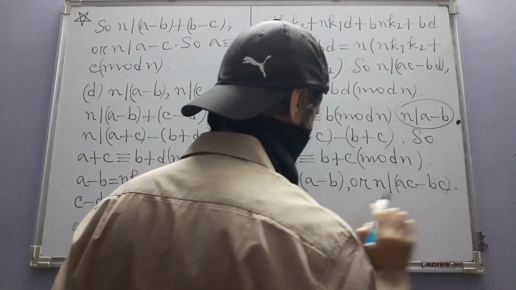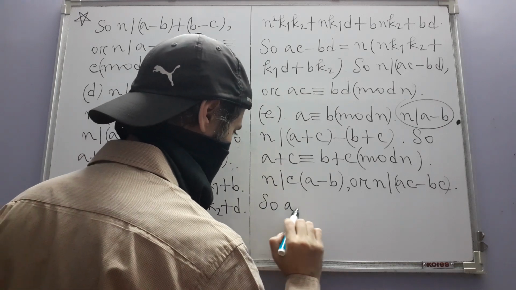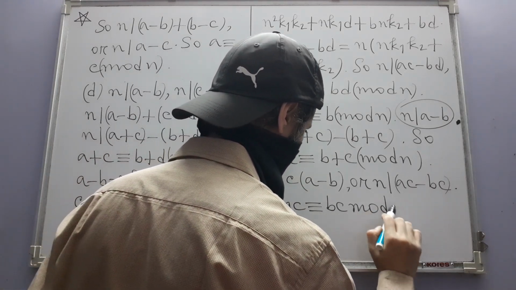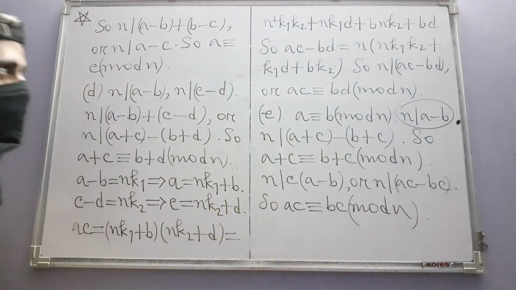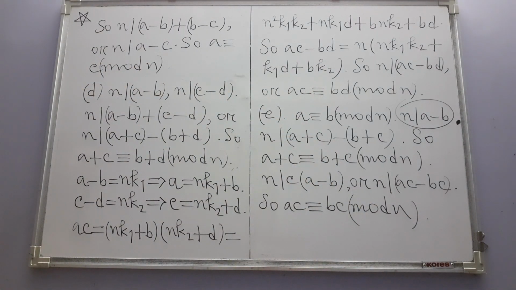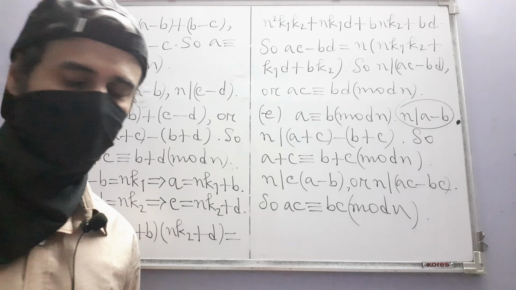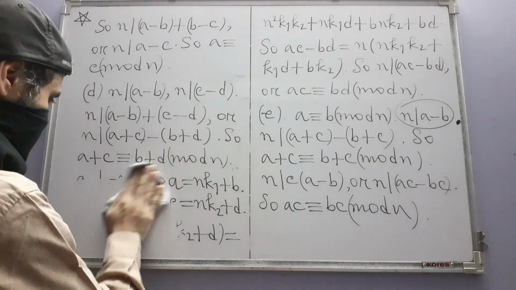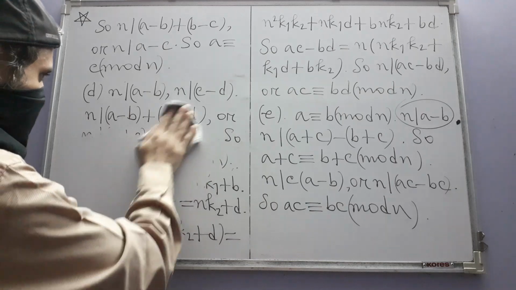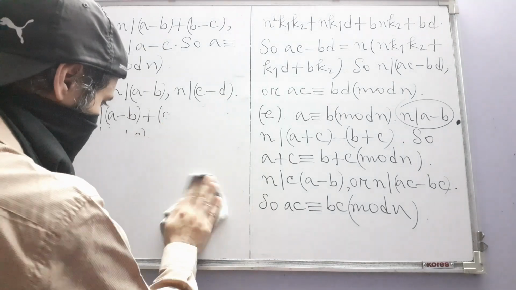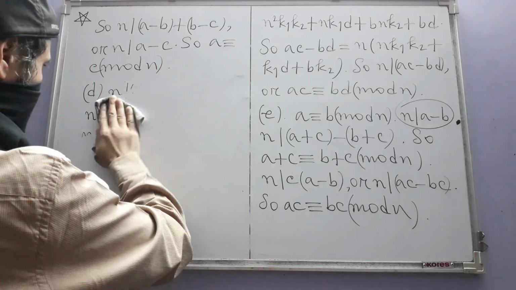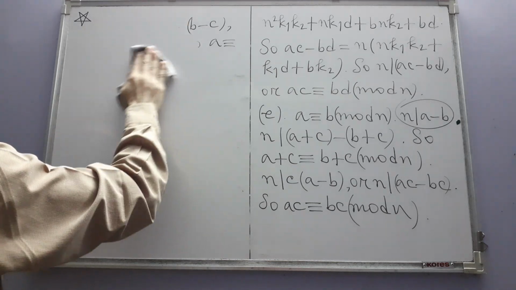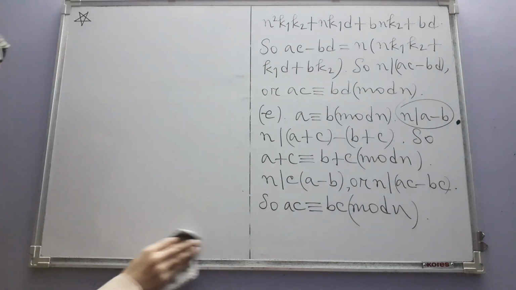So AC is congruent to BC mod n. All right, and finally we have that power statement. That statement we have to prove by induction. It can be proved using binomial theorem also, but we won't do that here.